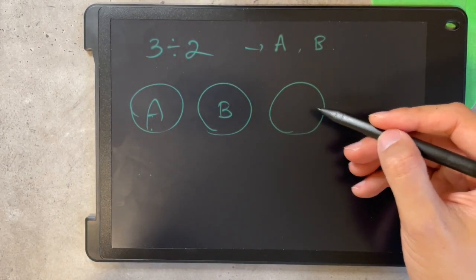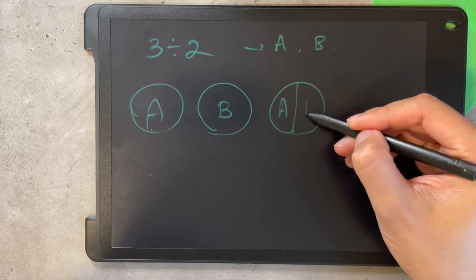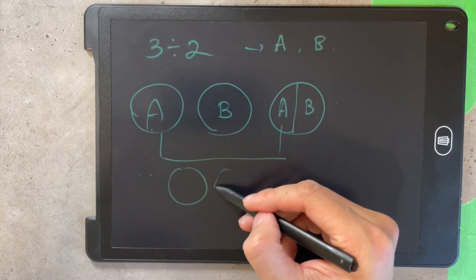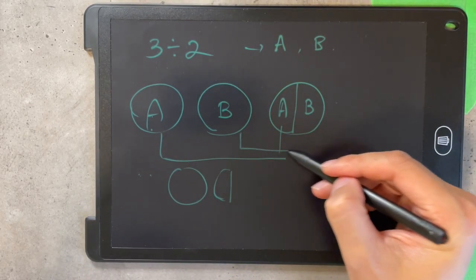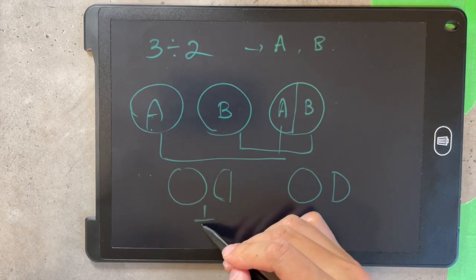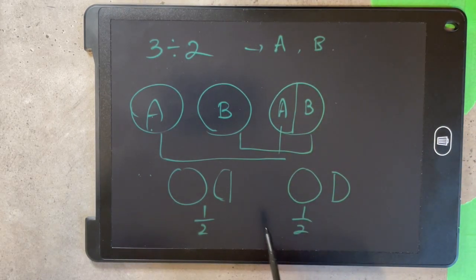How can I split 1 into 2? Well, I can divide that. Half of it goes to A, half of it goes to B. Now this will be 1.5, and then these will be 1.5. So I have 1/2 here and 1/2 here, right?